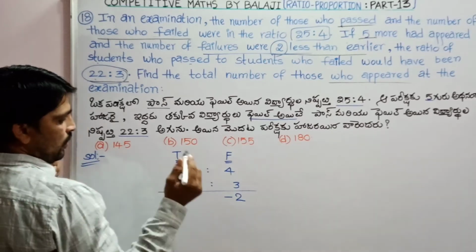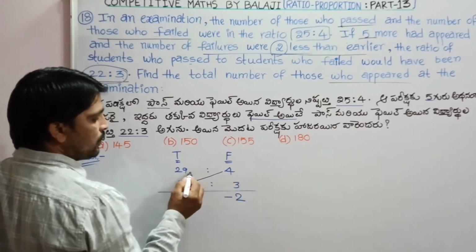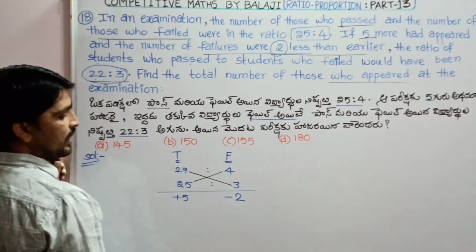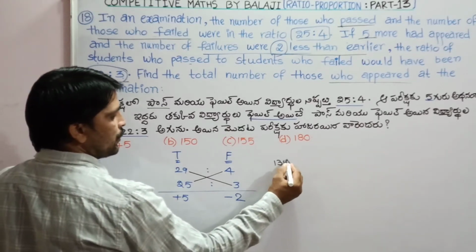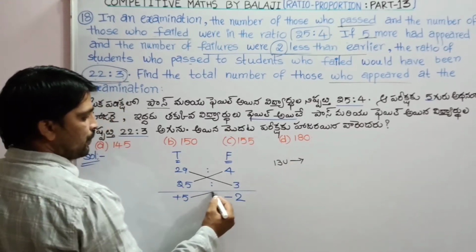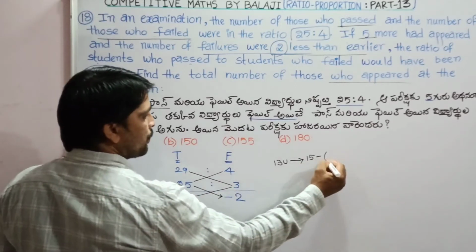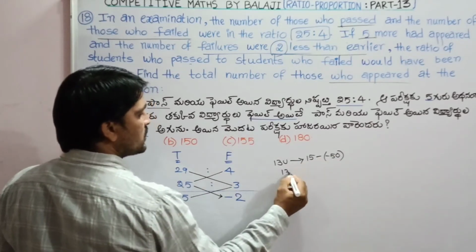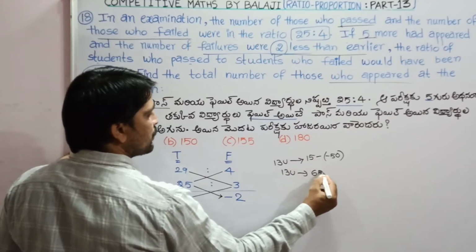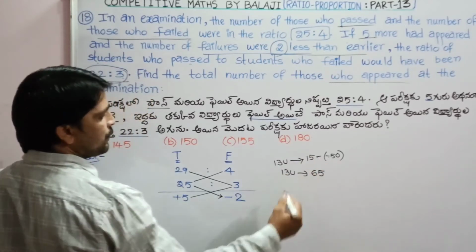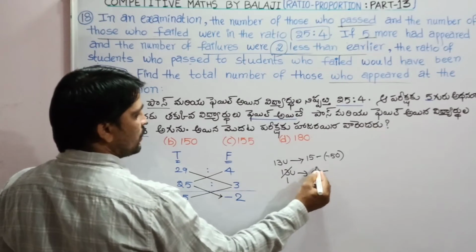So see, 25 4s are 100, 29 3s are 87. That is a difference of 13 units. 3 5s are 15 minus 25 2s are minus 50. That is, 13 units value is 65, minus of minus plus 50 plus 15, 65. 1 unit value is 5.